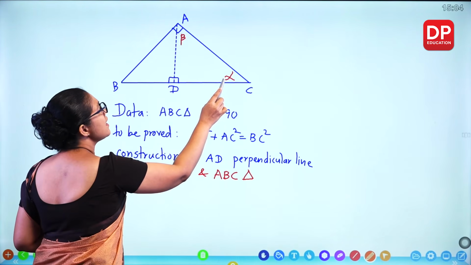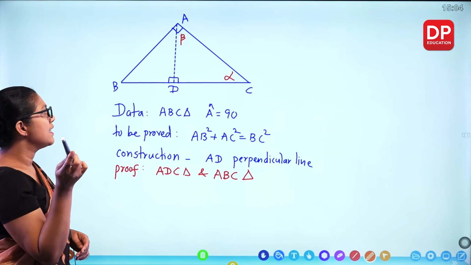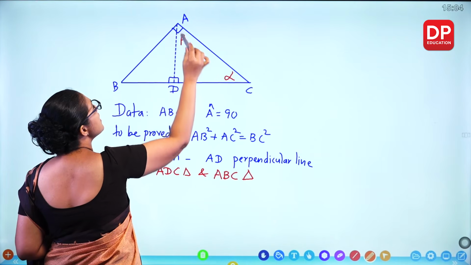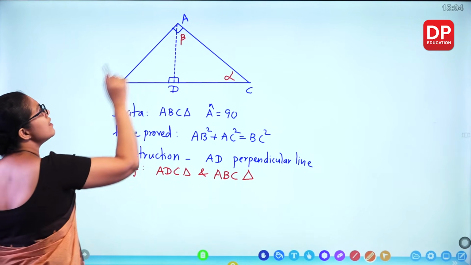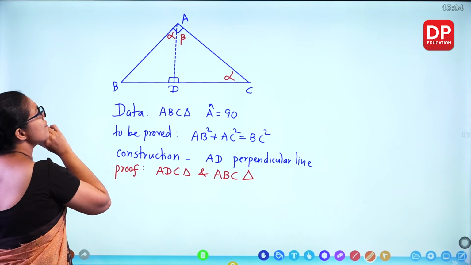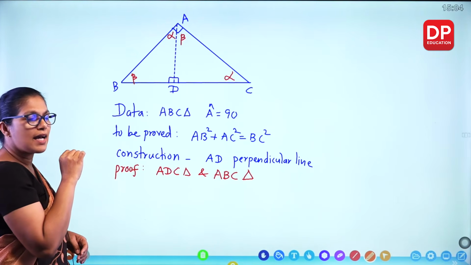So alpha plus beta plus 90 is 180. So same thing here. This is 90. So alpha plus beta should be 90 because 90 there. So if this is beta, what should this angle be? This is alpha. If this is alpha, this is beta.